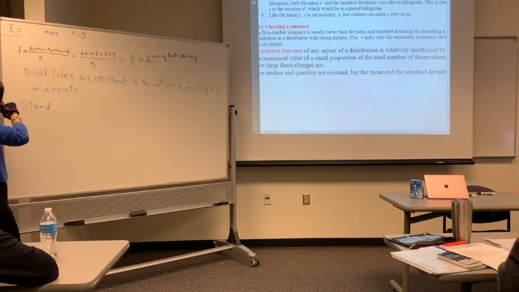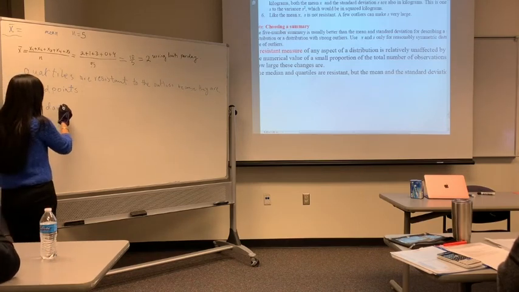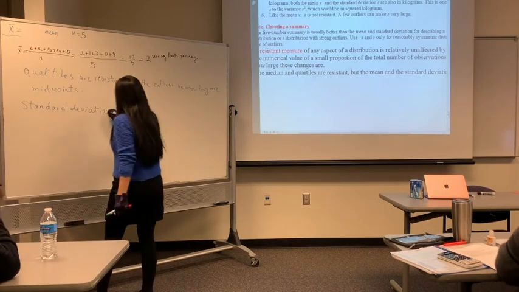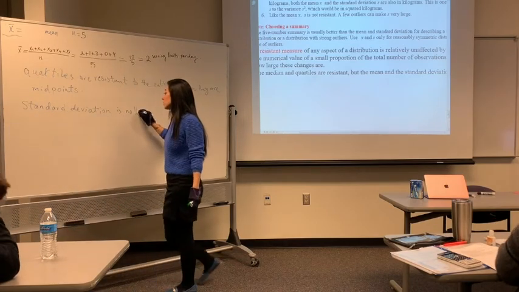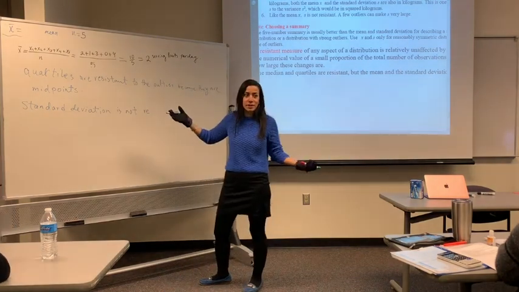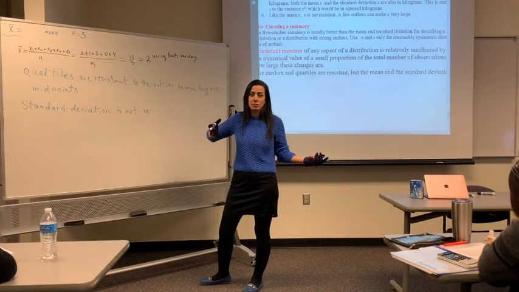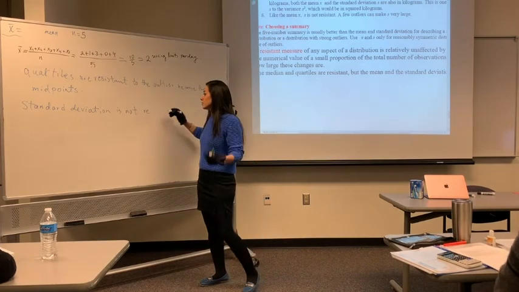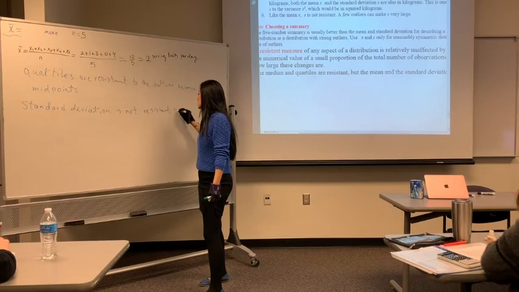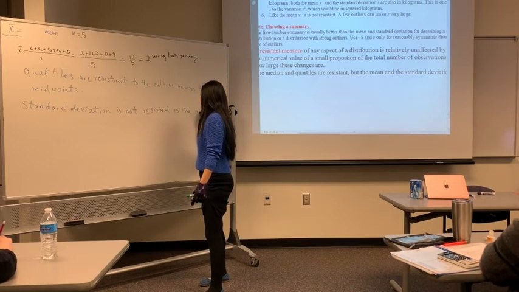So what about the standard deviation? Standard deviation is not resistant because, as you see, it's a kind of summation again, correct? You're adding in another number, another huge number. It's not resistant to the outlier.